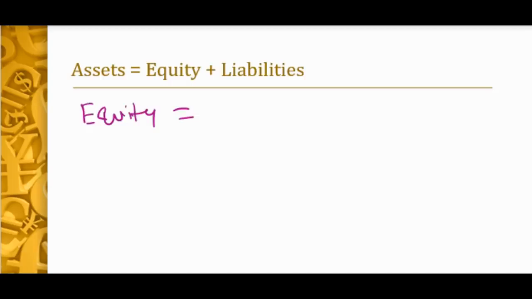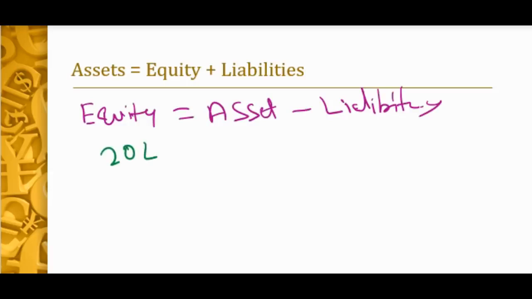You bring the asset to the right side: equity equals assets minus liabilities. So you have equity of 20 lakhs, an asset of 100 lakhs, and a loan of 80 lakhs. It is matching now: 100 minus 80 equals 20.